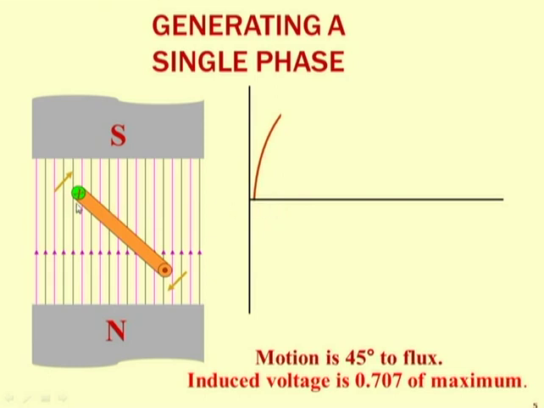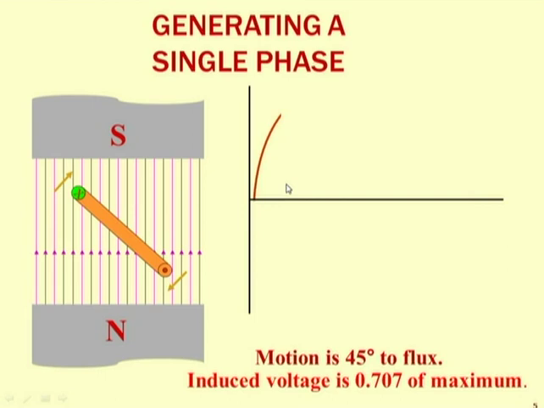So if the conductor is in this position, that is equal to 45 degrees, then the voltage induced in the conductor is equal to 0.707 of the maximum. Assuming maximum is equal to 1, then this voltage will be equal to 0.707 volt. So this is the thing.